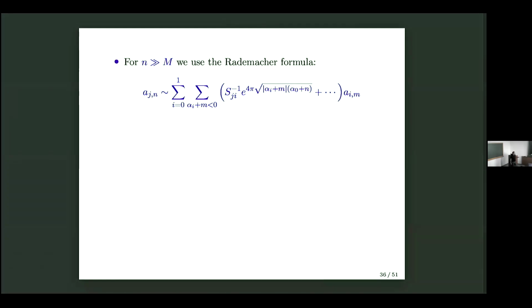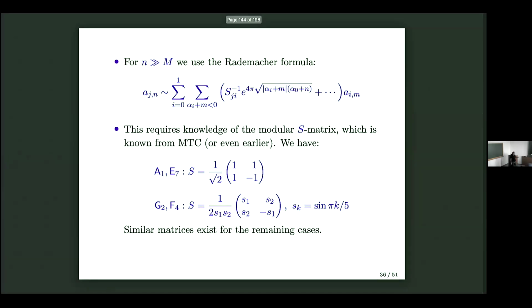And we use the Rademacher formula as adapted by Moore and company for vector valued modular forms. And here appears the modular S matrix. We know the S matrix, for example, in the A1 and E7 quasi-character families, it's that. In G2 and F4, it's that. And it's also known for the other cases. Note that it has the signs plus, plus, plus, minus.